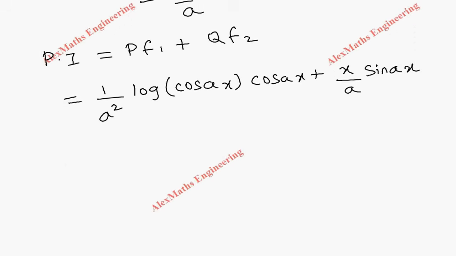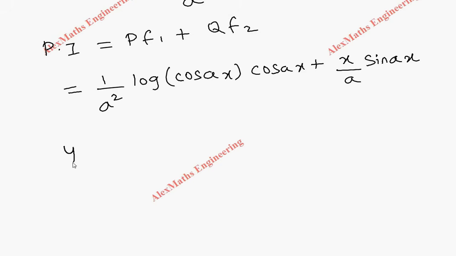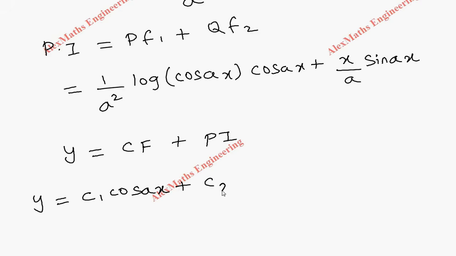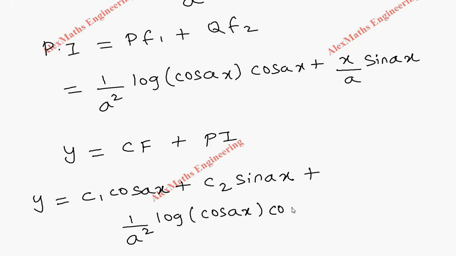Once completing the particular integral, we go for writing the complete solution, which is cf plus pi. So y equal to cf, which is c1 cos ax plus c2 sin ax. Then pi is nothing but plus 1 by a square log of cos ax into cos ax, and the last term x by a into sin ax.